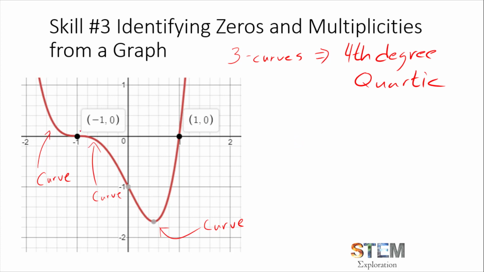But one of the things I'm going to point out here is that there are 2 for this given situation. So these are your zeros. If we have zeros of -1 and 1, zeros are roots, we want to identify the multiplicities.